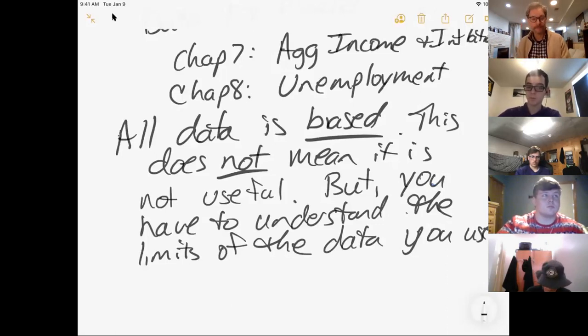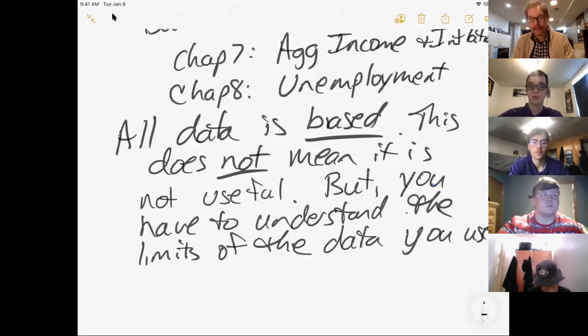Because there is never, and this is not just true in economics, this is true in general, one source of data that's going to tell you everything you need to know about a question. So you have to understand what data you have, what it can tell you, what it can't tell you, how it might be biased, and how you have to adjust for that bias if you're going to use it in decision making.